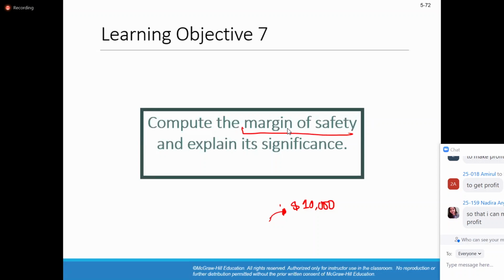Sometimes the fixed expenses include some administrative profit. Administrative profit, they always try to have this amount of profit. So sometimes that profit is also included in the break-even sales. It is to be noted how fixed expenses have been calculated.